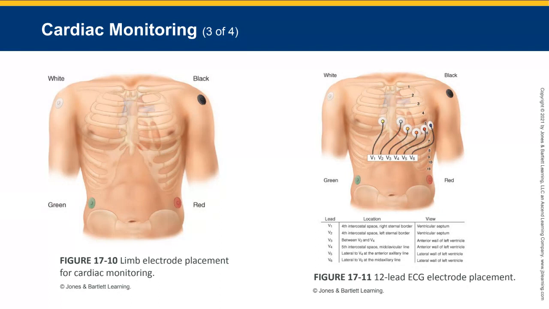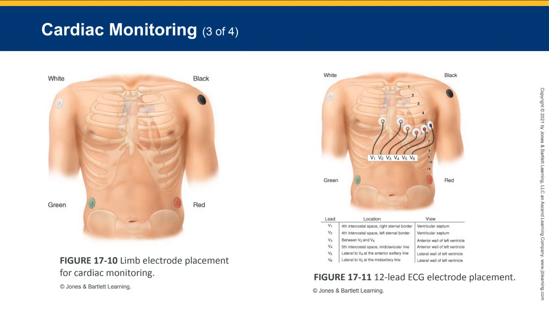Again, with a 12-lead ECG, we're only using 10 electrodes: the four leads for cardiac monitoring, white, black, green, and red, and then the 6 chest leads. That's 10. But we're using the 10 electrodes to create 12 leads because of augmentation.